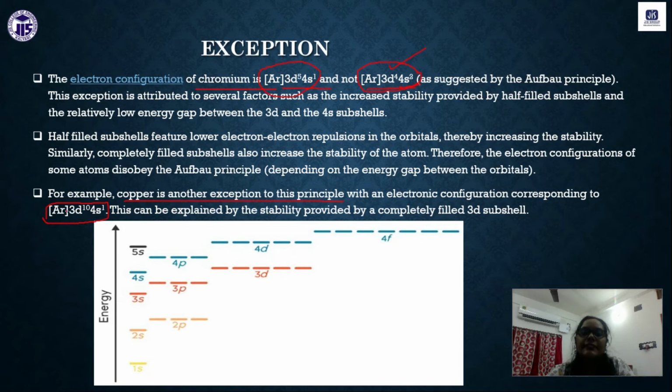So these are some of the exception cases that we have. While you are asked to write the electronic configuration of elements, you should be very careful. If the element can be fully filled or half filled, then to gain that stability, obviously the electronic configuration will be different from the theoretical value.